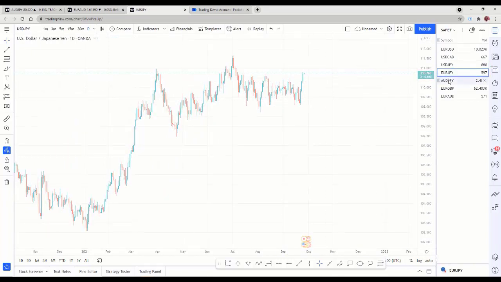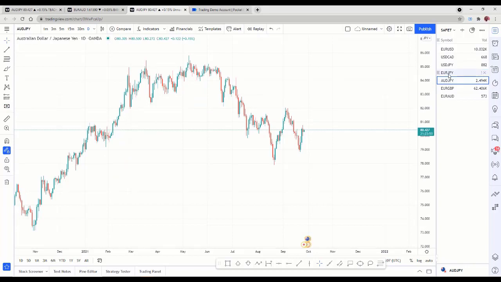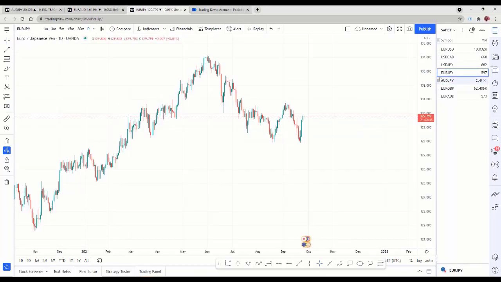Now, what is support and resistance? That's the question we always ask ourselves. If you don't know much about the market, then you need to know what support and resistance is.